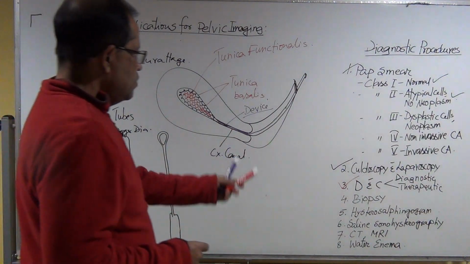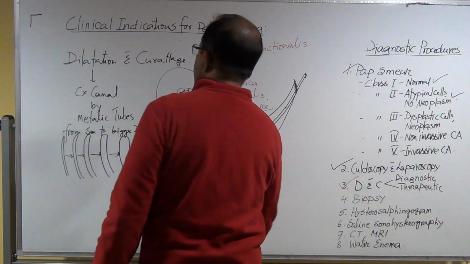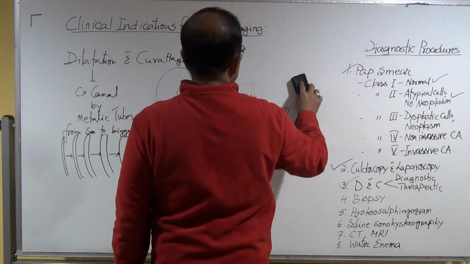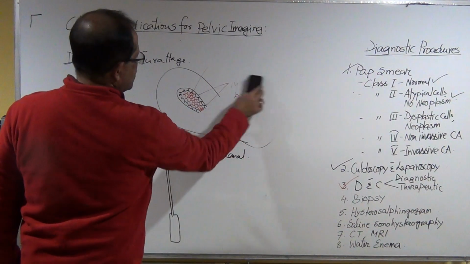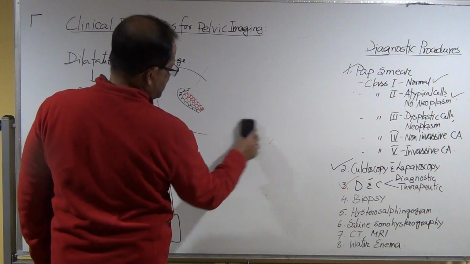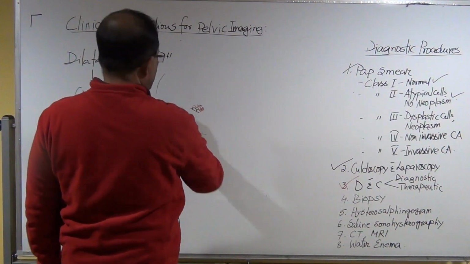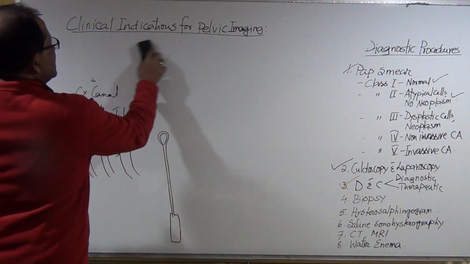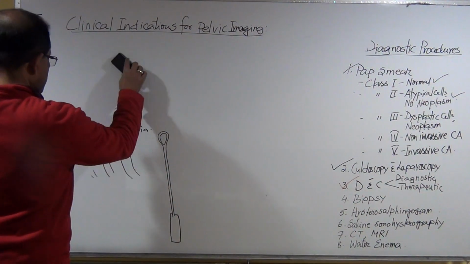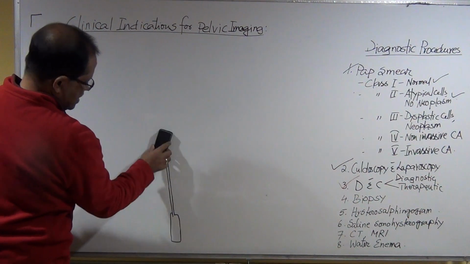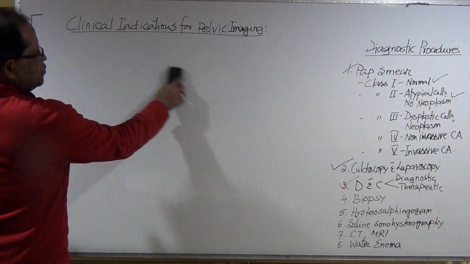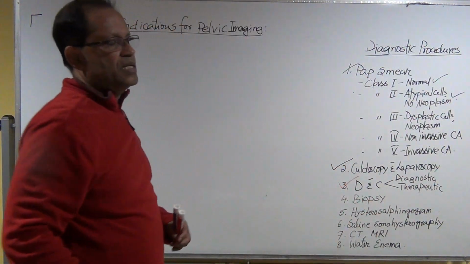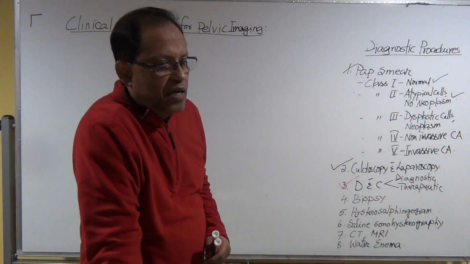So now biopsy. What does biopsy mean? Biopsy is taking live tissue from the body, from the organ, and they make a slide of the tissue and examine it under the microscope to see any abnormalities.